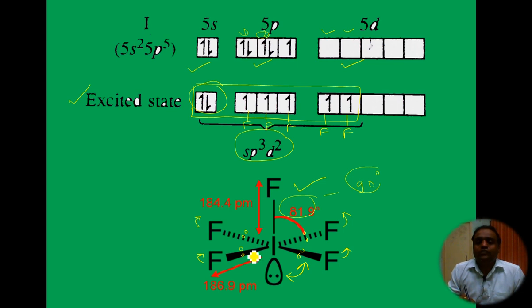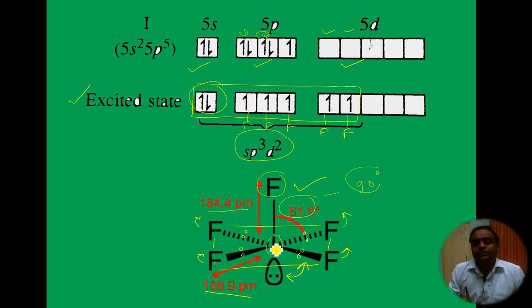Okay, and also if you see the distance between this axial fluorine and iodine, it is 184.4 picometer, while the distance for the equatorial fluorines in the square plane is a little bit higher.